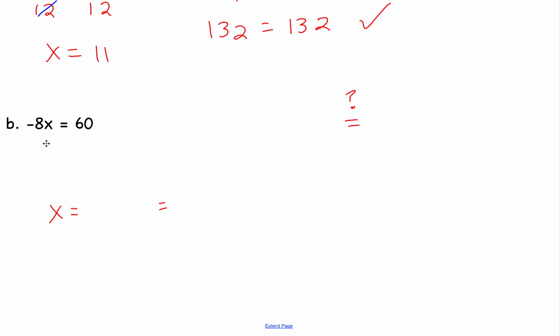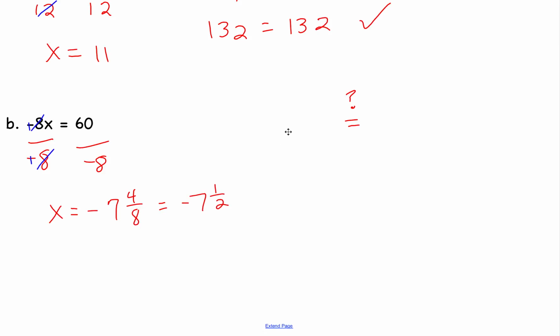Letter B, negative 8x equals 60. Well, here x is being multiplied by negative 8, so we want to do the opposite and divide by negative 8. That will allow our 8's to cancel, and our negatives will also cancel. A negative divided by a negative is a positive. So we get x is equal to 60 over negative 8, which is negative 7 and 4/8, which is negative 7.5.